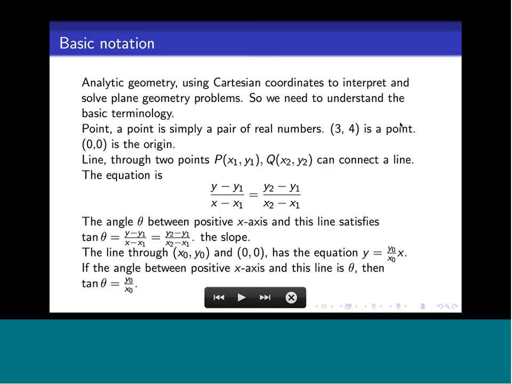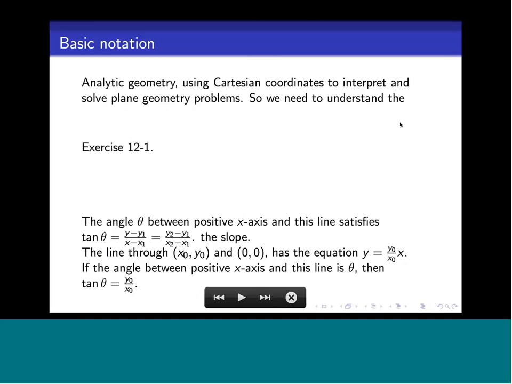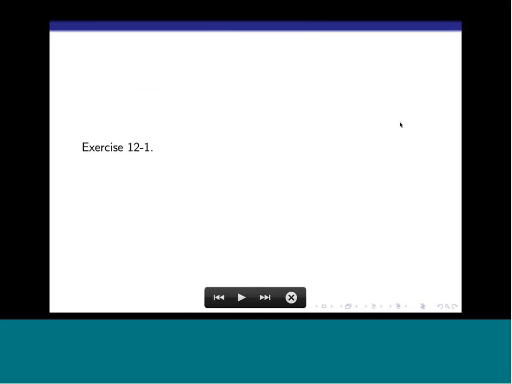Do you have any problem with line, point, angle? Okay. Now it's your turn to figure it out. Exercise 12-1 on page 125.